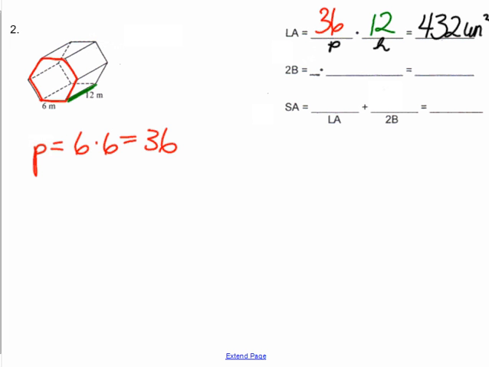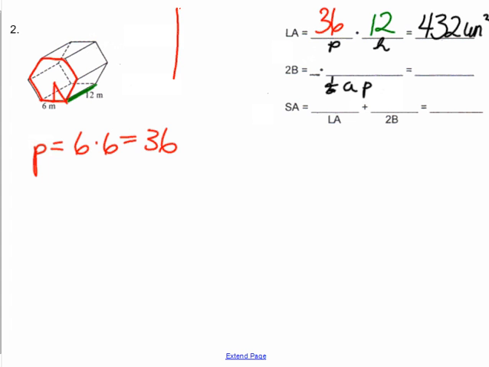And let's see, so now what we have to do is figure out the bases. Okay, so we've got a hexagon. Well, we're going to take a triangle out of this hexagon because we need the apothem. Remember that? Because the formula for a hexagon is 1/2 apothem times the perimeter. So I'm going to draw this triangle.